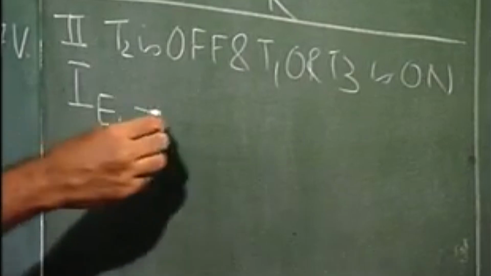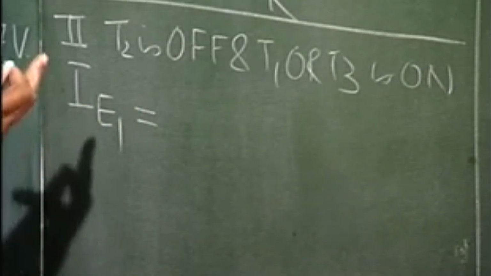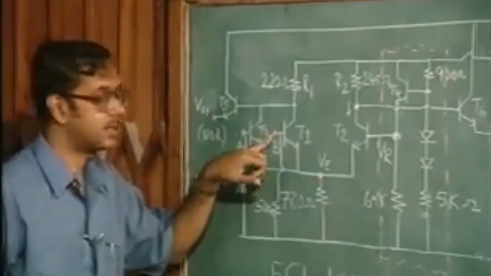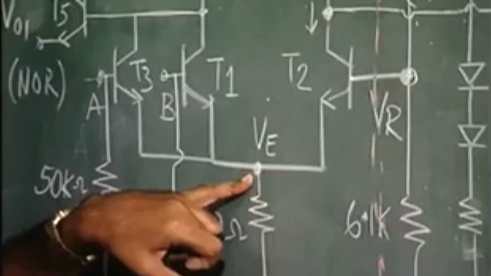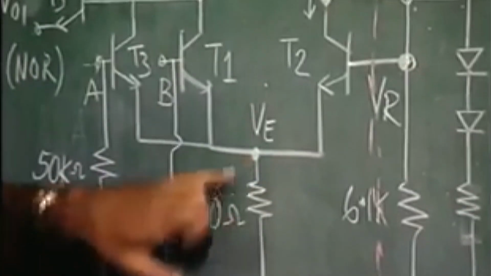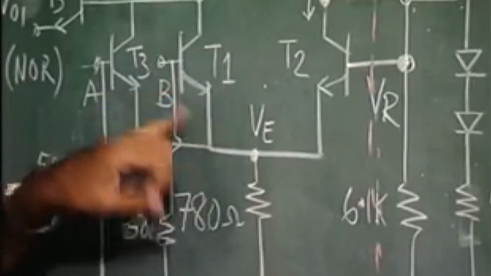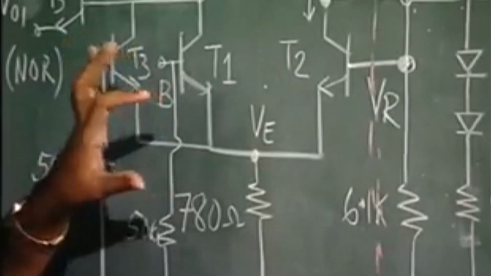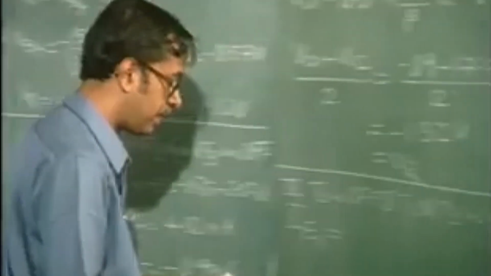What is the VE in this case? The emitter voltage, if the input is minus 0.9 volts, is going to be minus 0.9 minus 0.75. So, this is minus 5.2. So, the current flowing is going to be 5.2 minus the sum of 0.9 and 0.75, divided by the resistance.